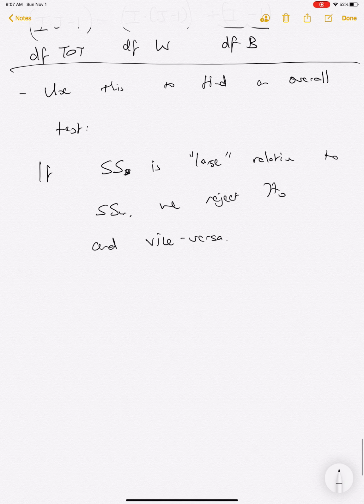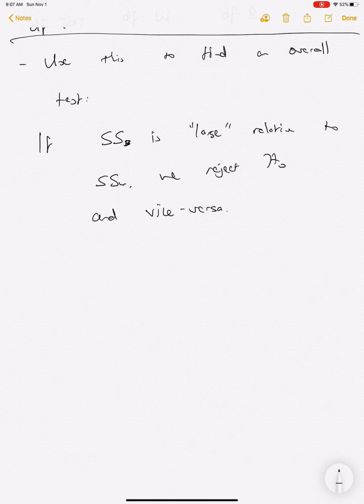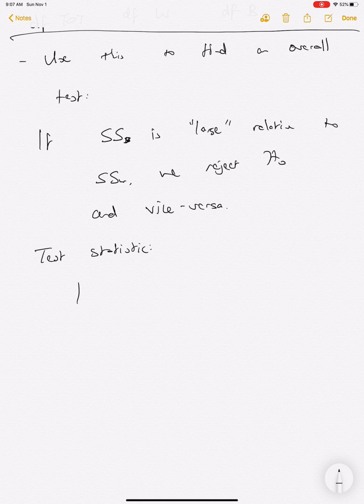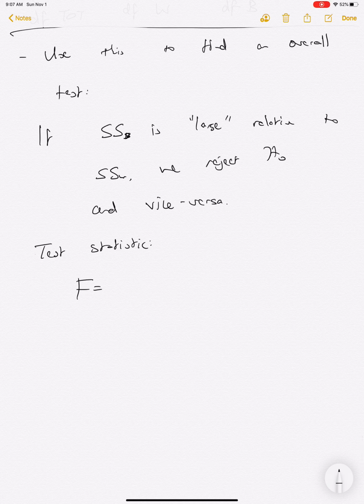So the test statistic here is the F statistic because it's a ratio of independent chi-squares.